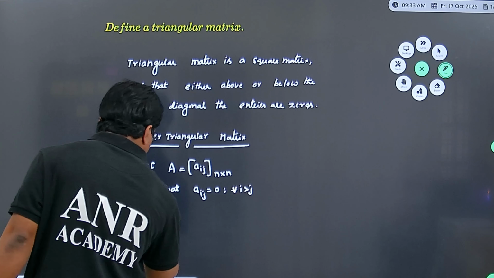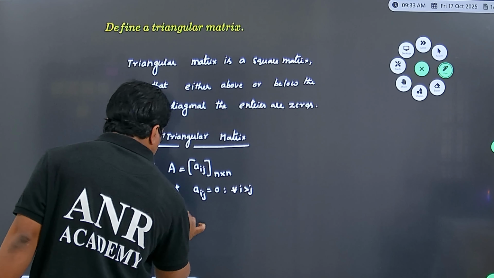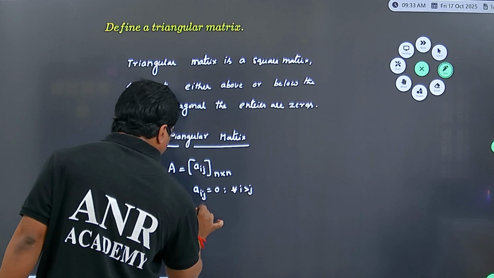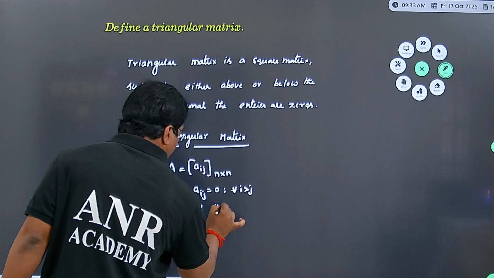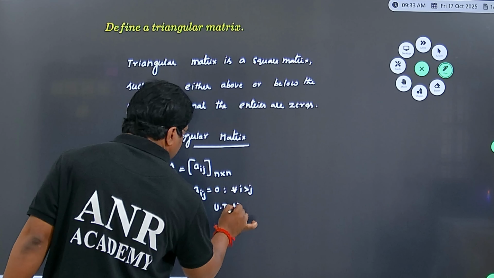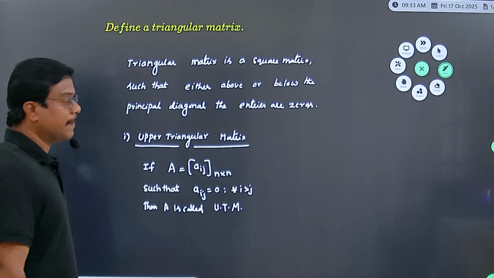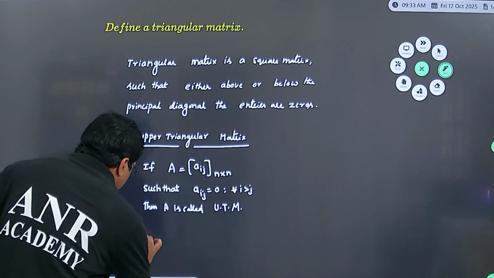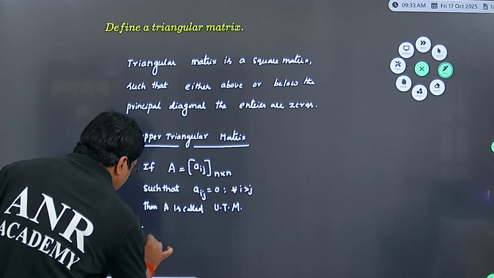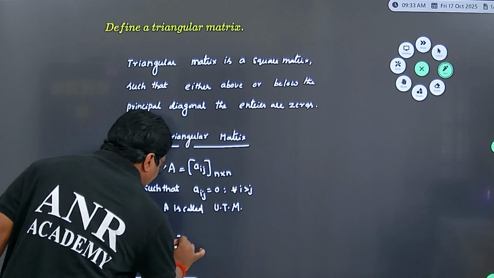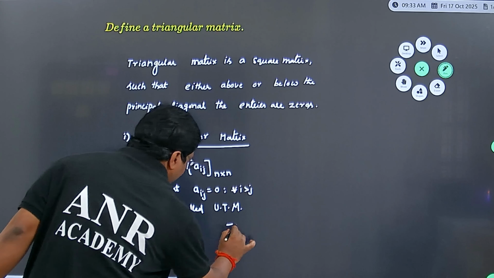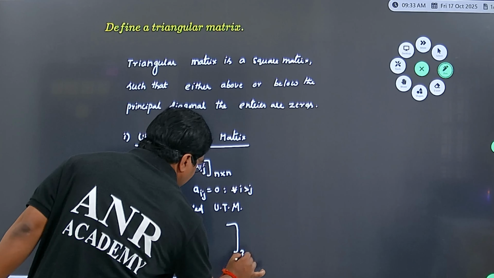In this case, A is called upper triangular matrix. That's all. An example. Suppose A is a matrix of order 3 cross 3.